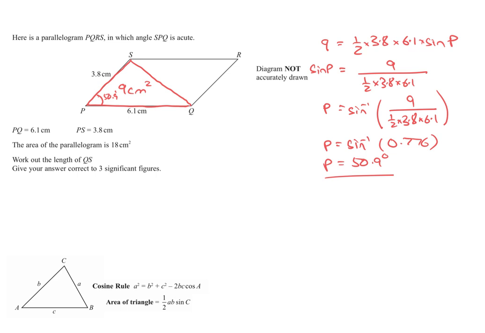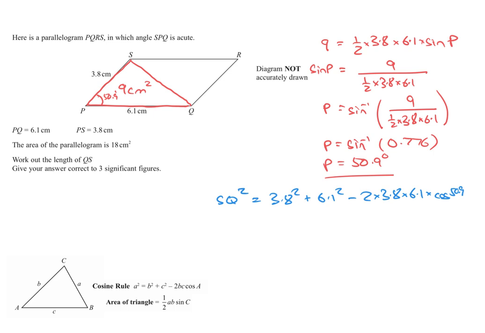So I'm going to write, let's do this in blue, SQ squared is equal to 3.8 squared plus 6.1 squared minus 2 times 3.8 times 6.1 multiplied by the cosine of 50.9, and hopefully I left that number in my calculator so I can get it very accurately in my final answer.